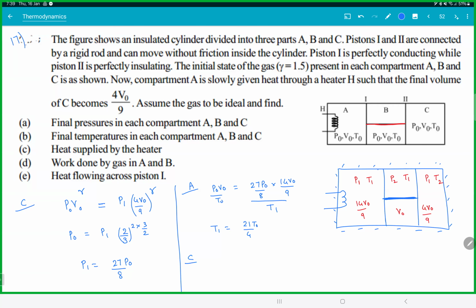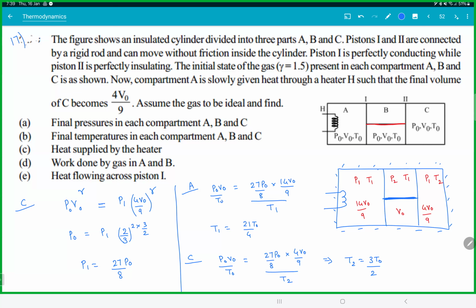Okay. In compartment C, P naught V naught by T naught, pressure would be 27 P naught by 8, volume would be 4 V naught by 9, by T2. This is 4 2s are, that is 9 3s are, 3 T naught by 2. That would be right.